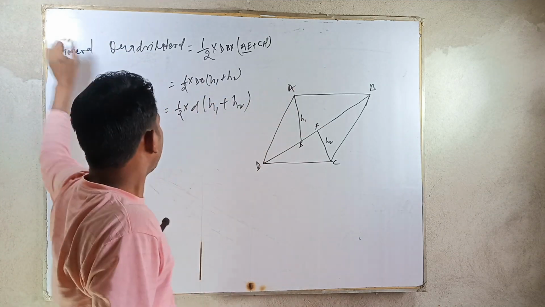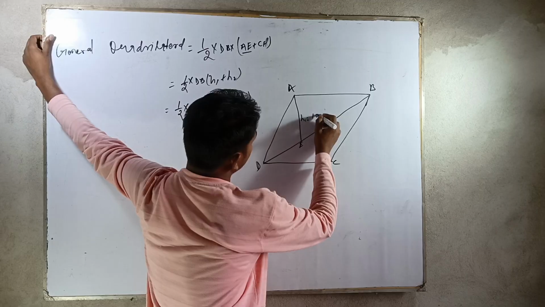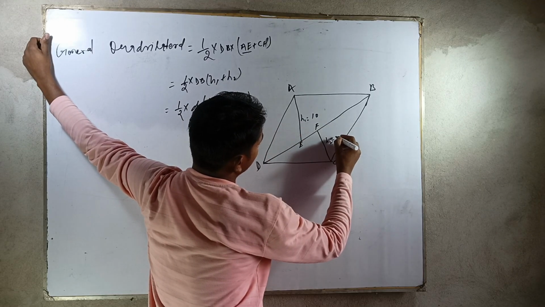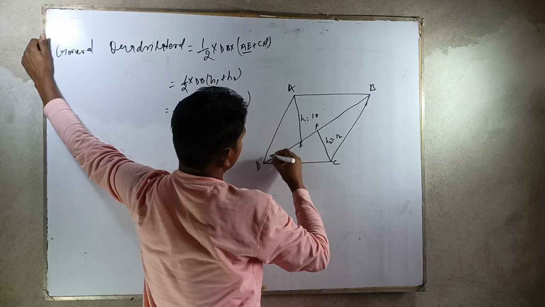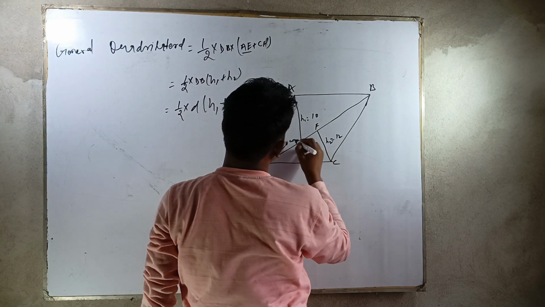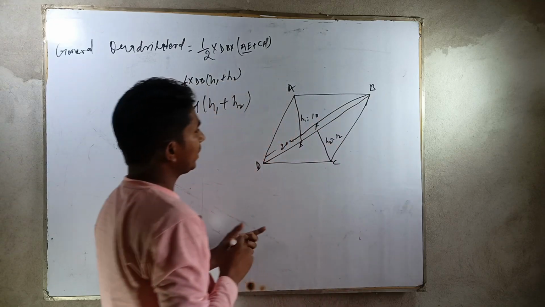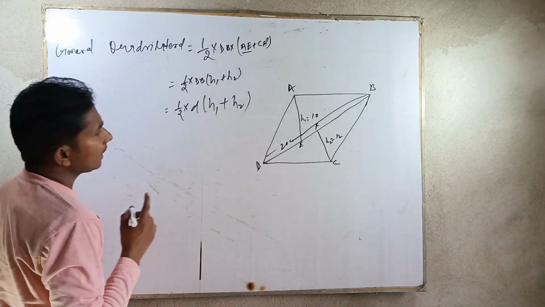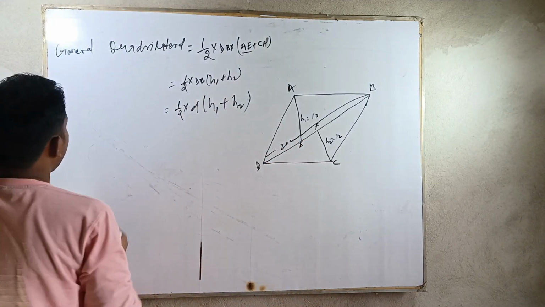Suppose H1 is given as 10 centimeter, H2 is 12 centimeter, and the diagonal is 20 centimeter. How will I find its area?